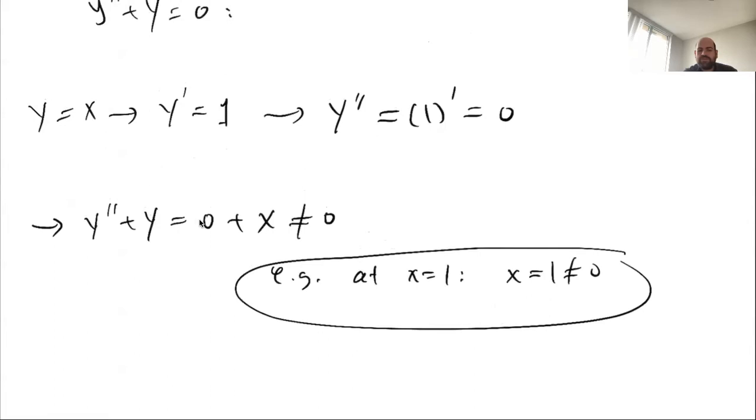Y double prime plus y will be 0 plus x, which is not equal to 0. Like I said, if this function is not 0 even at one x value, then that means it's not the constant function 0. So this function is non-zero at many points, such as at x equals 1. So it's not the constant function 0.